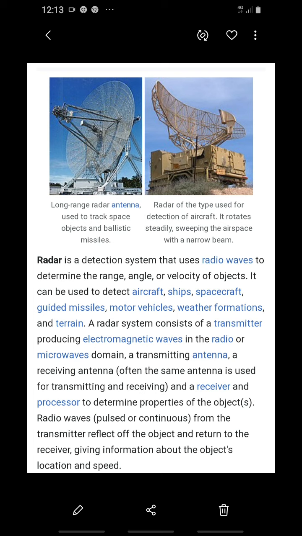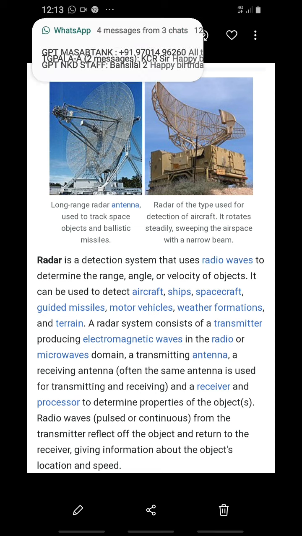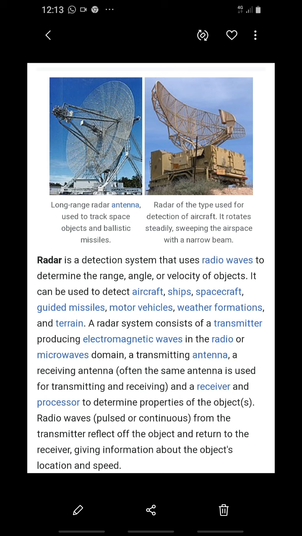A radar system consists of a transmitter producing electromagnetic waves in the radio or microwave domain, a transmitting antenna, a receiving antenna, and a receiver and processors to determine properties of the objects.